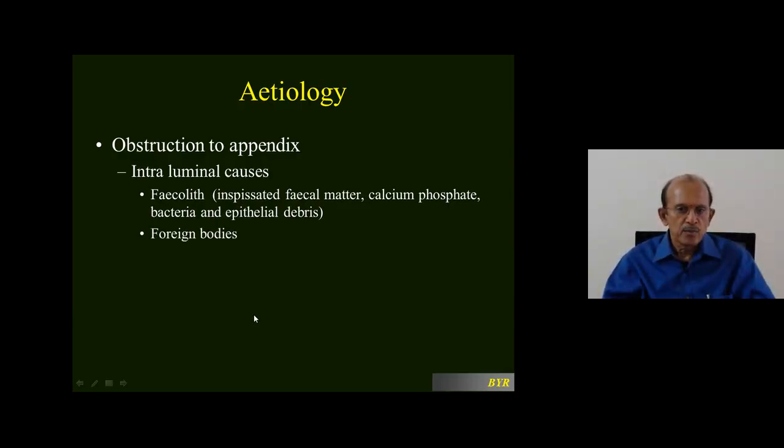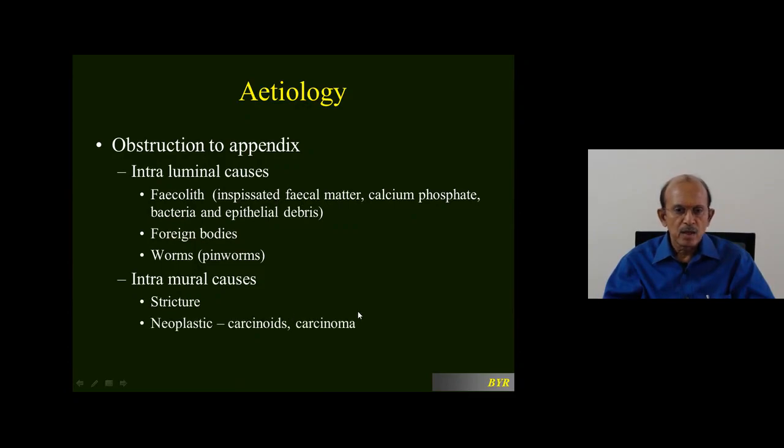Similarly, foreign bodies: if any foreign body by chance enters the appendix, it can cause obstruction. Then worms like pinworms. Then intramural causes, stricture, and neoplastic lesions like carcinoids and carcinoma. Extramural causes like kinks. All these things can cause obstruction to the appendix.